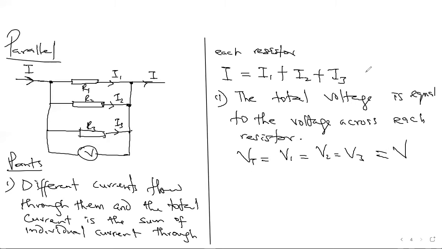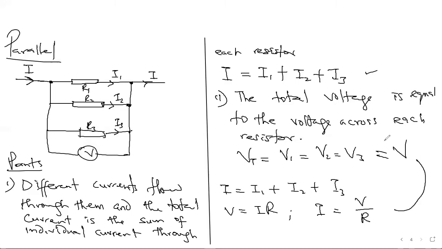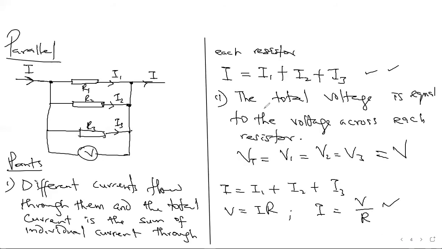Now, if I use this equation here, I said I is I1 plus I2 plus I3. From Ohm's law, I know V equals IR. So if I make I the subject of the formula, I will have I equals V over R. If I substitute that into this equation, this is basically the total current, let me put it as IT.